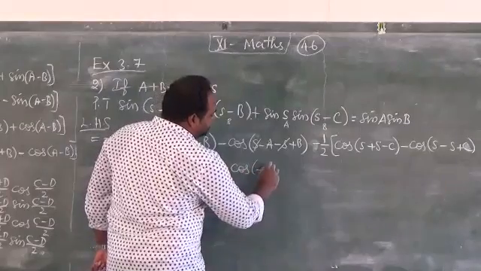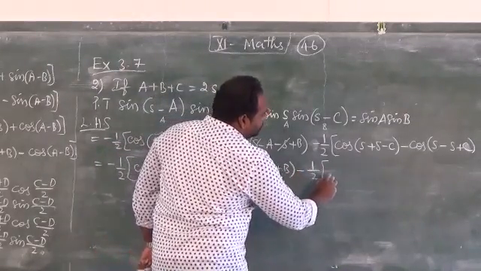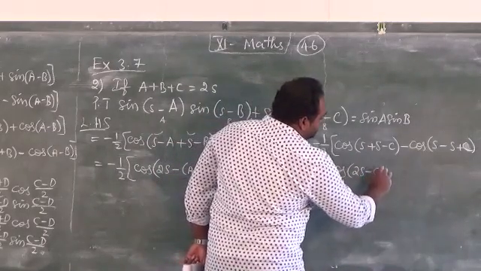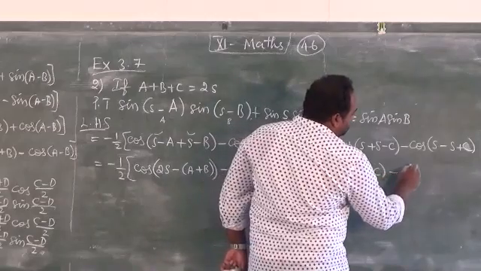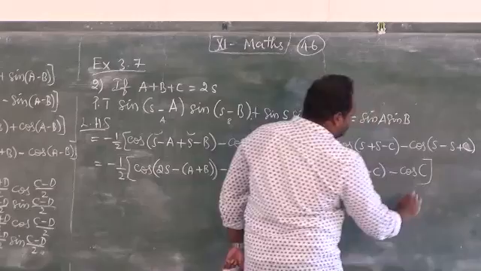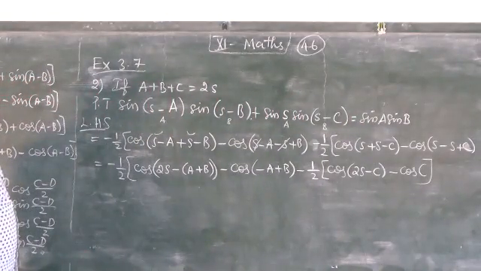It is minus (a + b), then minus 2 into cos of 2s minus c, minus s minus s cancel, it is cos c. So now look at that, 2s minus (a + b).